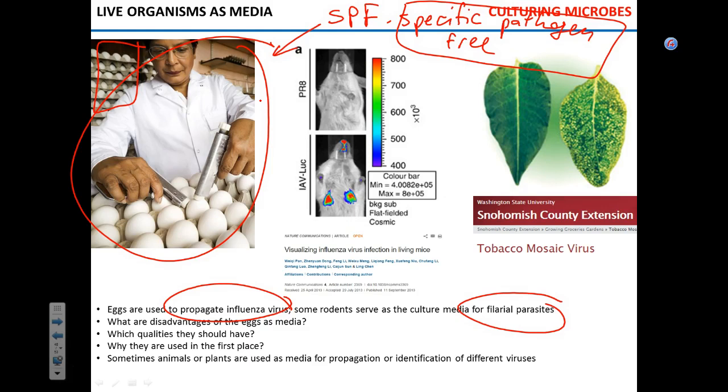Now, some plants are even used for the propagation of viruses, obviously plant viruses. I wouldn't say it's an issue, but with plant viruses, things become a little bit more complicated. We didn't really talk about the virus infection, right? Like all the processes. I have no intention to do it now.